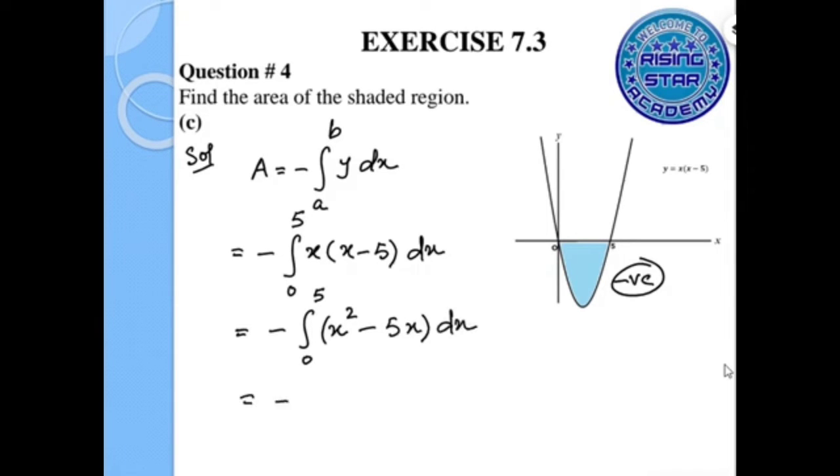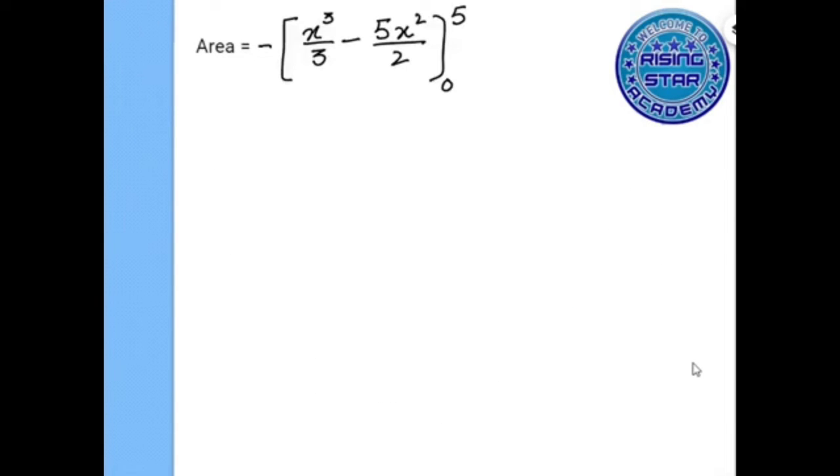Now I would integrate. That would become x cubed over 3 minus 5x squared over 2, limit 0 to 5. Now I will plug in the limits to get the answer. So minus 5 to the power of 3 over 3 minus 5 into 5 to the power of 2 over 2.